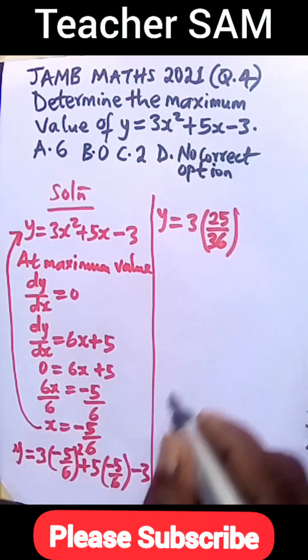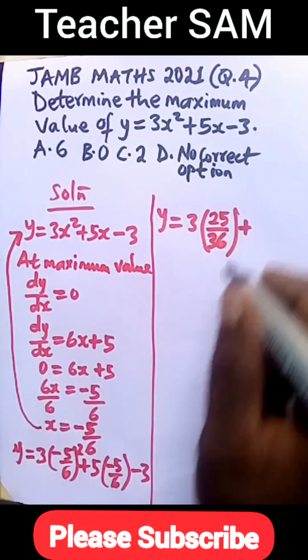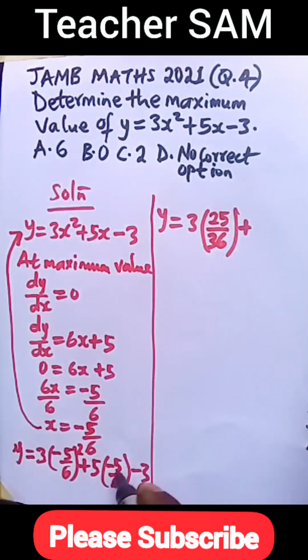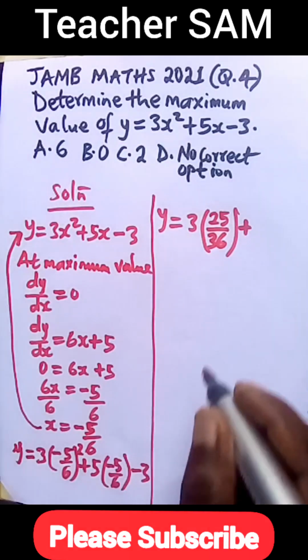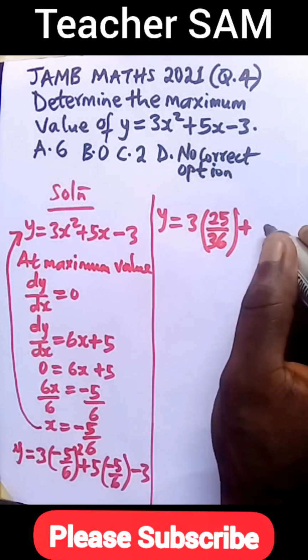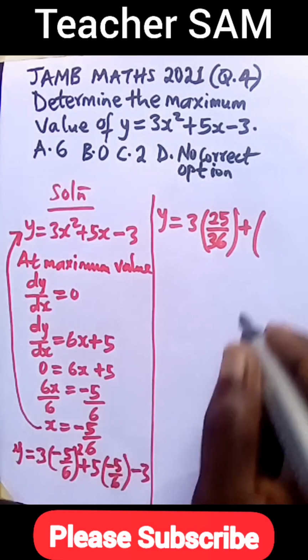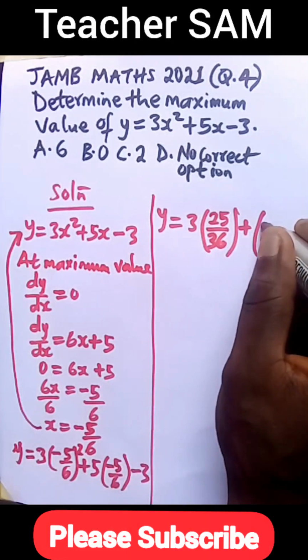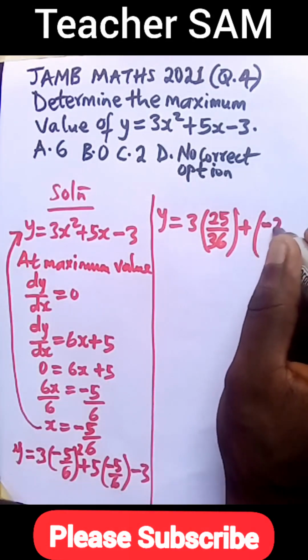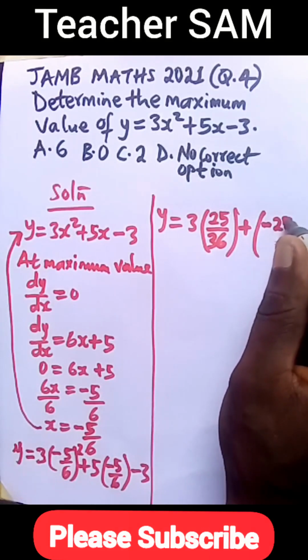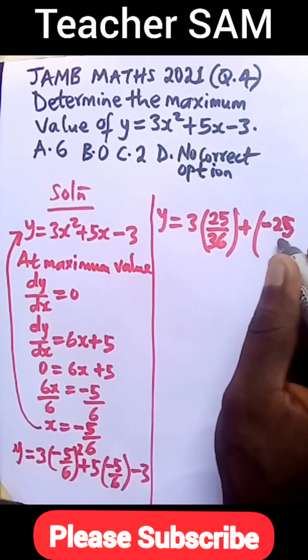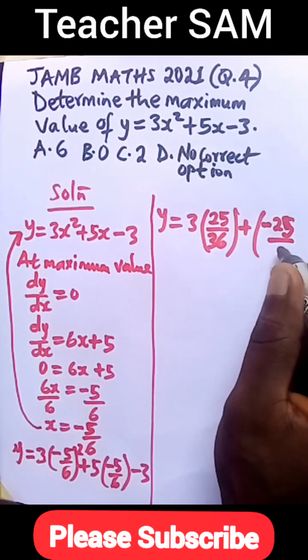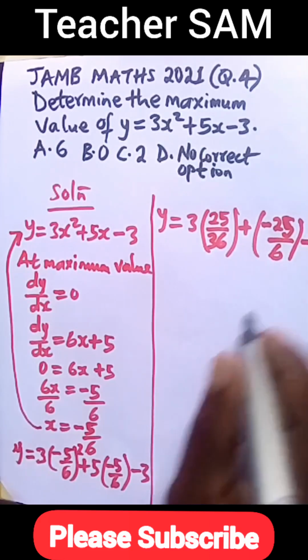Then plus, now we still have this. Let me just rewrite this. We have minus 25, yes, minus 25 all over 6. Minus 25 over 6. Then minus 3.